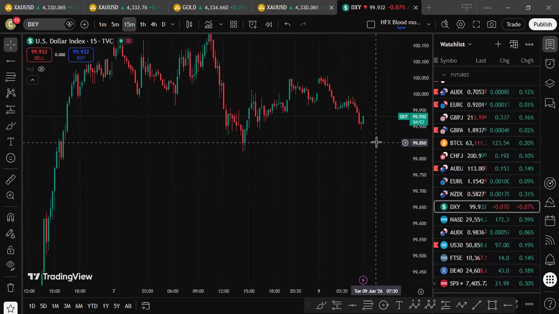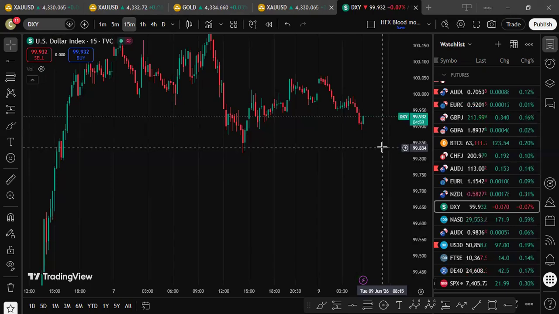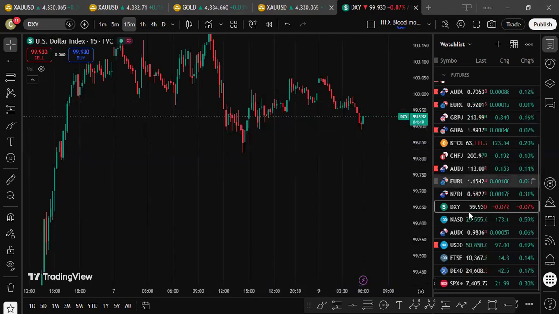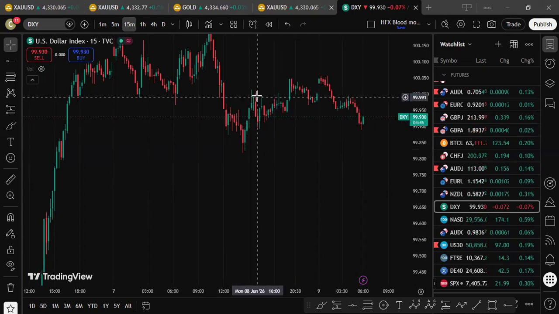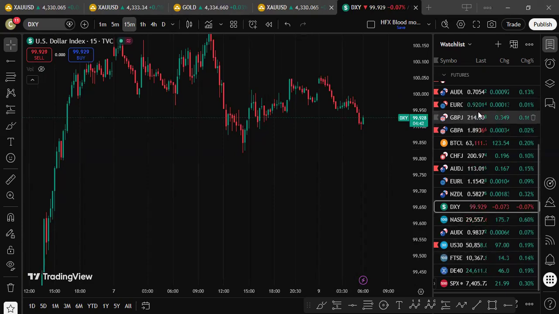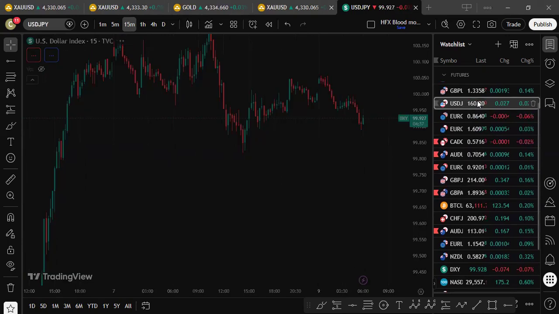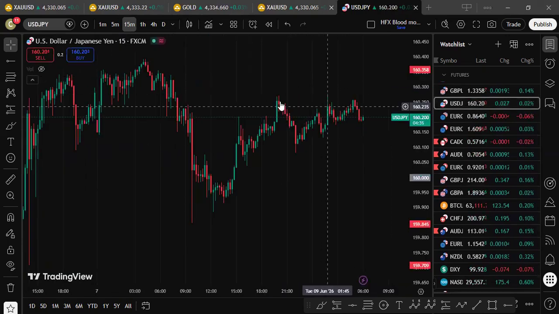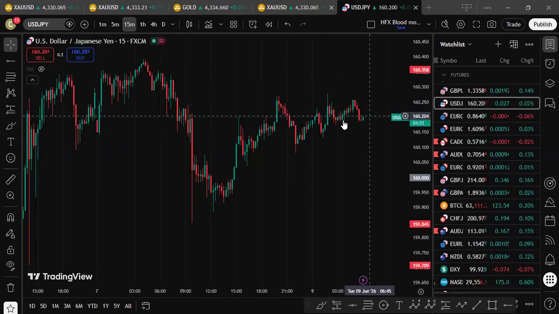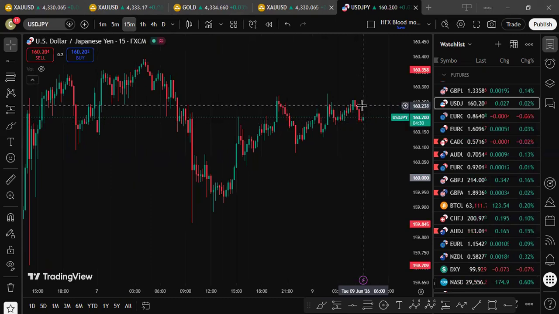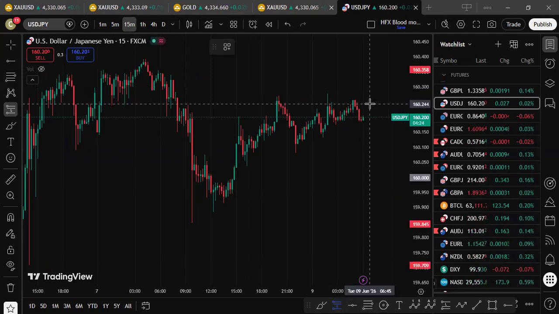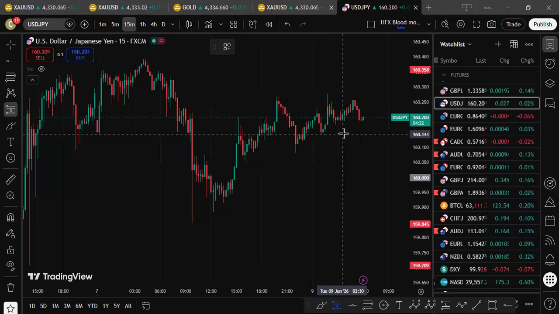If you look at USDJPY, you're going to see something similar, and low-key similar on gold. Let's say I'm waiting for the market to pull back to a particular price for it to sell.